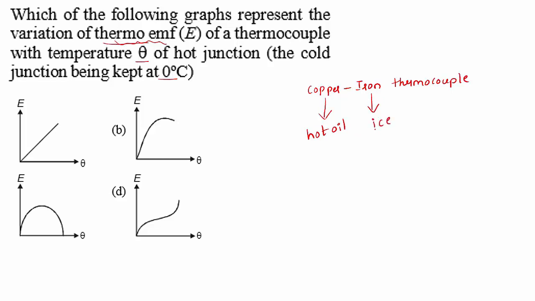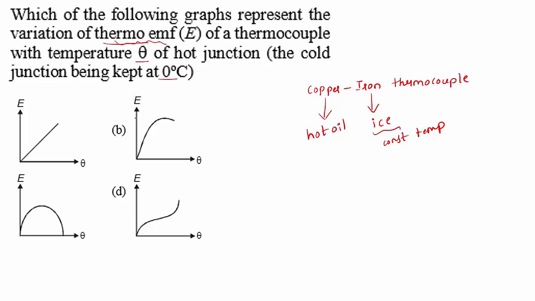Here, that cold junction is maintained at constant temperature. When it is kept in that hot oil and we dip a thermometer, it shows an increase in the temperature. With the help of this value, we are going to produce thermo-EMF.